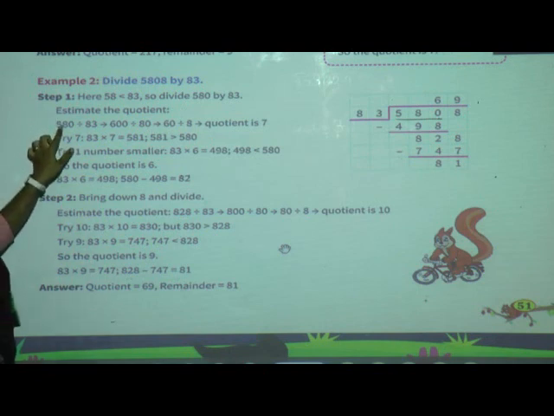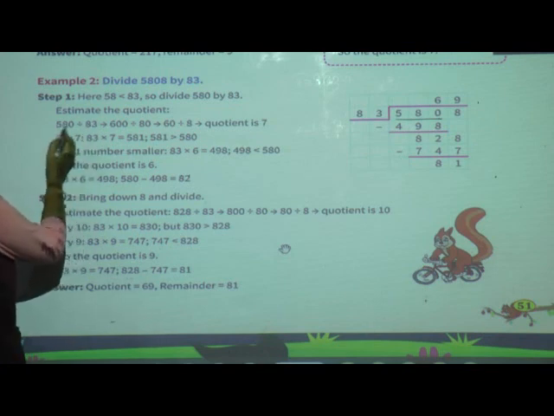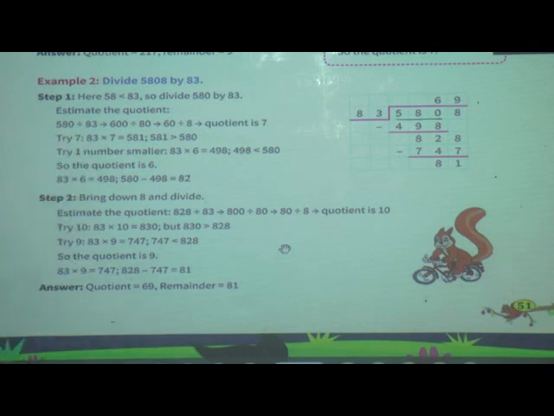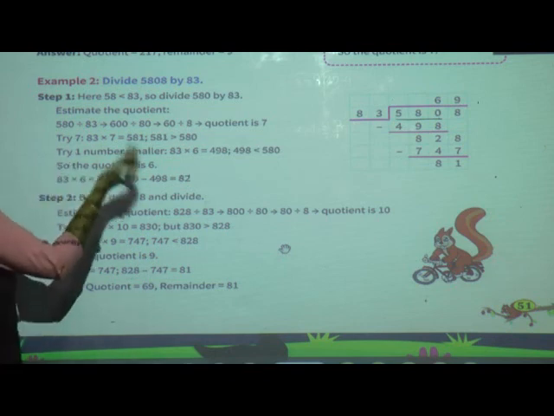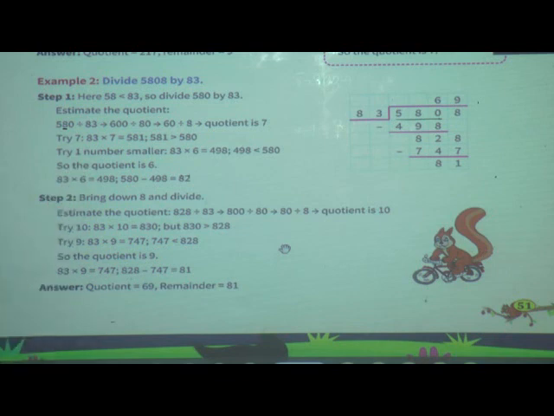Okay, how? You see here, 580 divided by 83. Now 580, estimate what will come? Means roughly a number near about that if we find out, it will be easy to solve. Now 580 is there. See, what is there at tens place? 8 is there. If it is 5 or more than 5, what do we do?